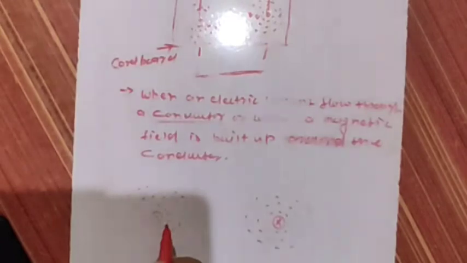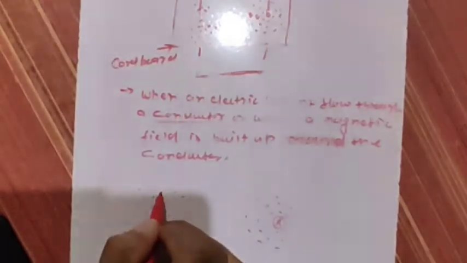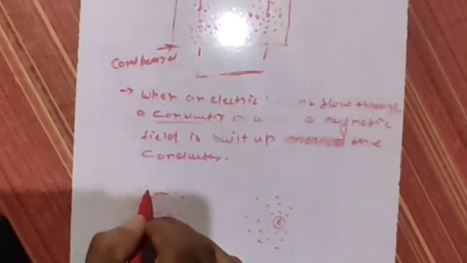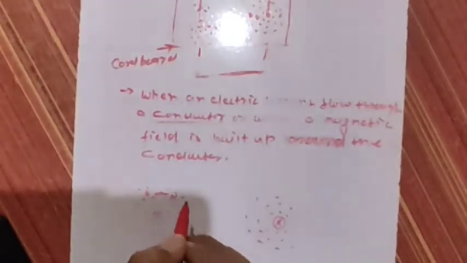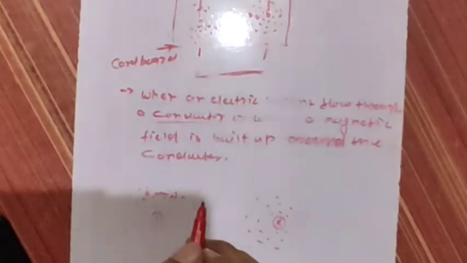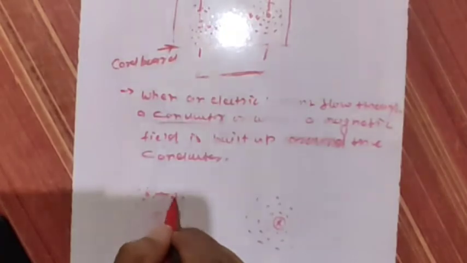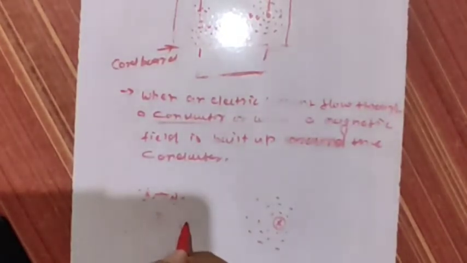A compass needle is taken. Suppose this is the compass needle, with directions south and north. The north pole of the compass needle indicates the direction of the magnetic field around the wire. So the compass needle's north pole N is in this direction, so the direction of the magnetic field is this direction.